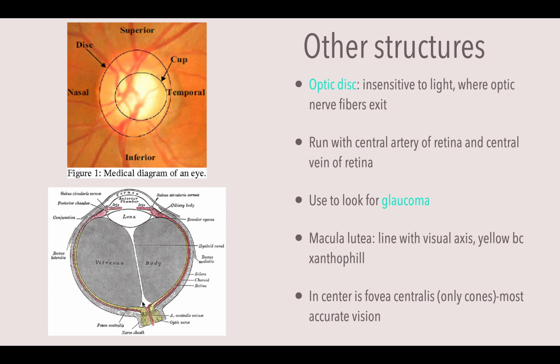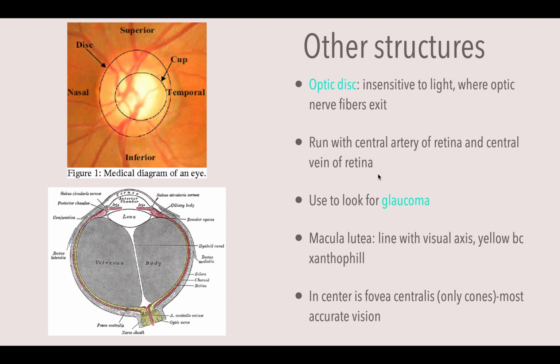That's what it's called. So you use this to look for glaucoma. So, like I said, there's only one canal going through the eye, and the optic tract is going to be compressed if the optic vein and the central artery is going to be enlarged due to the hypertension.